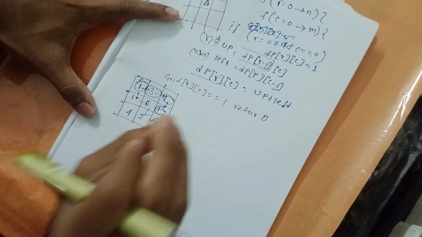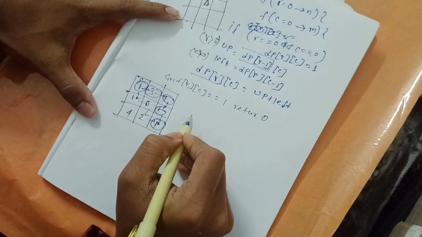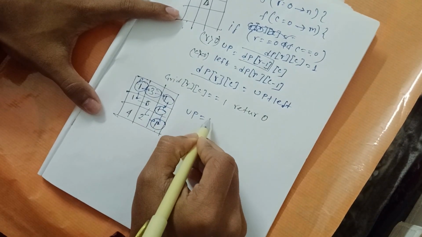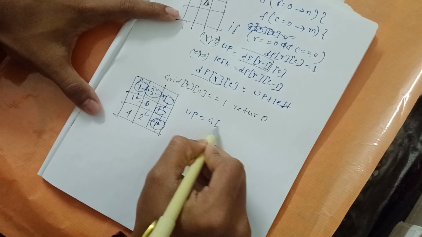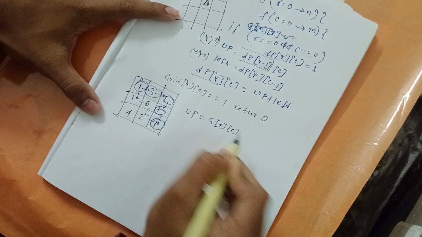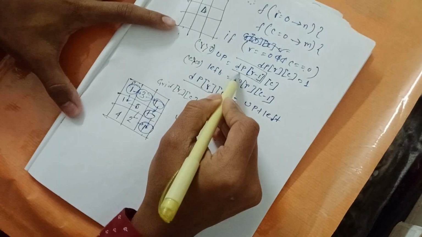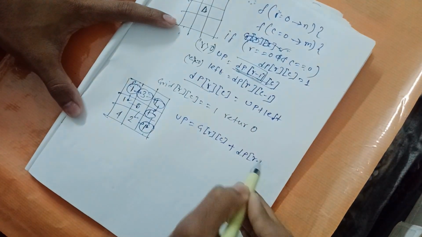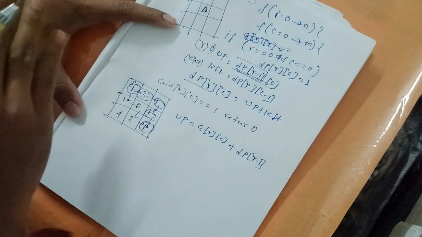How do you find it? Same as the previous approach, only here when you write up, you first write grid[r][c] plus dp[r-1][c], and you can close your eyes and write the whole case.